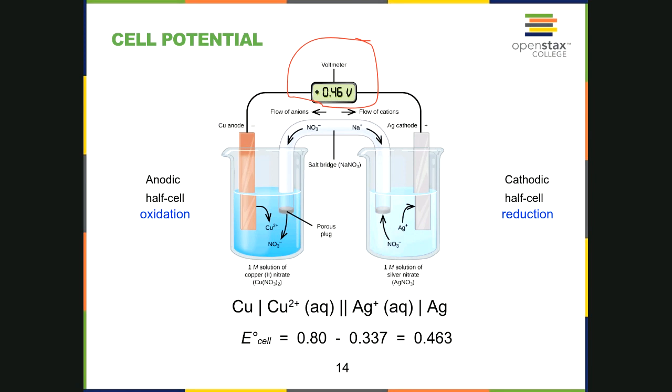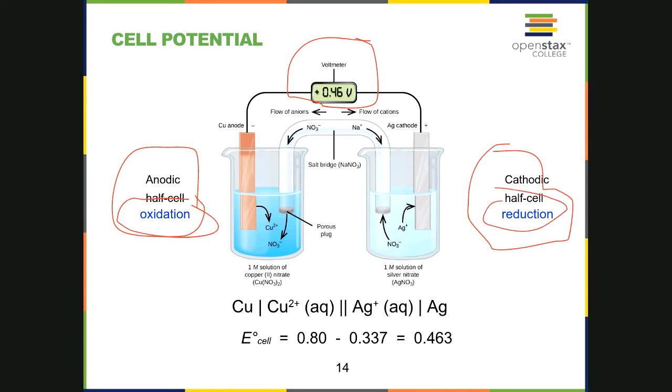And I've got the copper as the anode where you have the oxidation, and we have the silver as the cathode where we've got the reduction. So that fits with our calculation. Has anybody got a question before we go to the worksheet? Okay, looks like we don't.